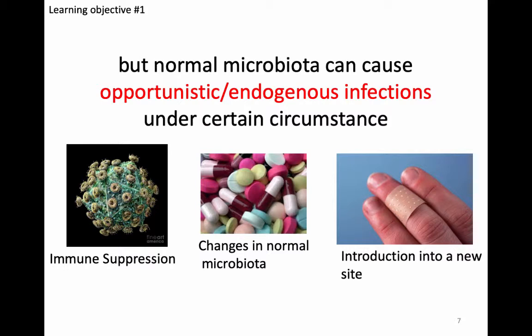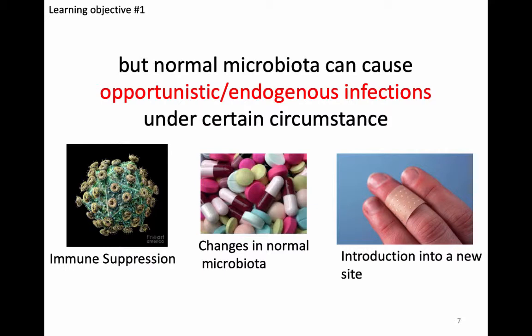One example is that the human host's immune system could become suppressed because they have HIV or if they've undergone an organ transplant to suppress immunity. The immune system cannot keep normal microbiota in balance, so things get off balance and normal microbiota can cause disease.